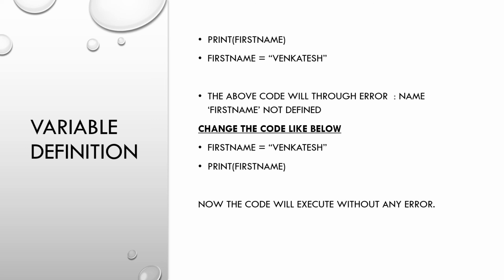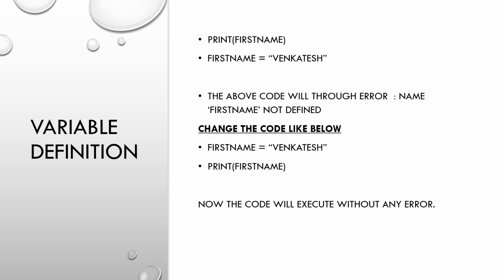In this case, the Python interpreter will not recognize what first name is, because I did not introduce that variable at all. I just created a print statement, and inside the print statement I put my first name. That is the wrong way of using a variable. This will throw an error: name 'first_name' is not defined. So we need to define the variable well before we use it in our program.